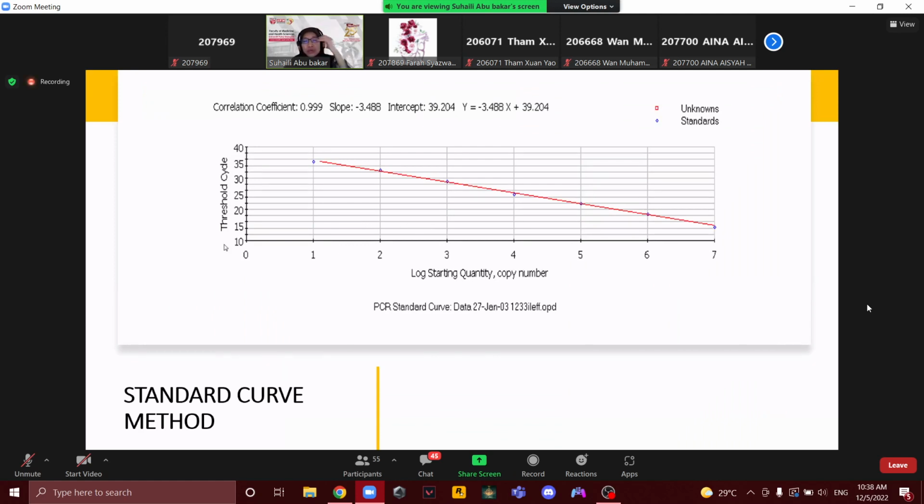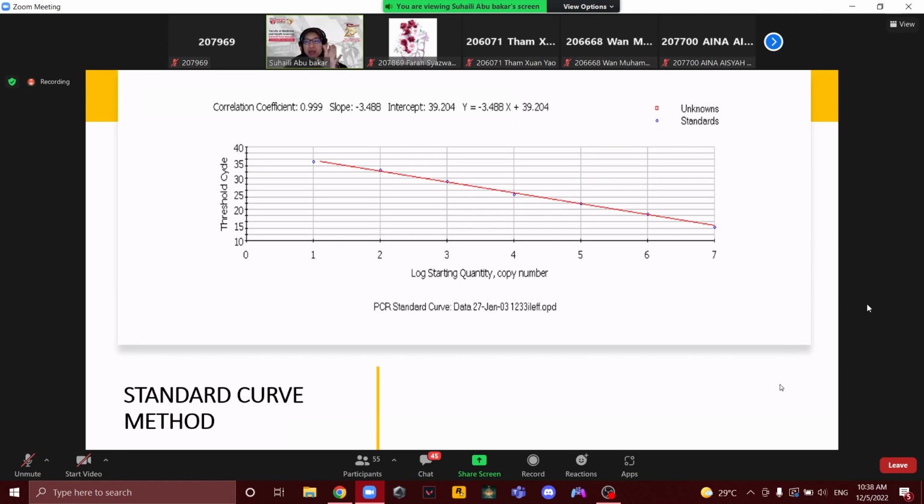And then another method. For this one you have to convert it to the standard curve method. From the log, then you have to make it linear. So instead of this, the threshold cycle is reversed, cycle here, copy number here, right?